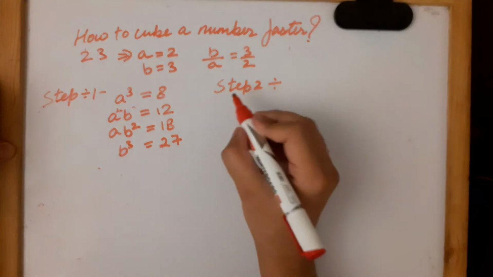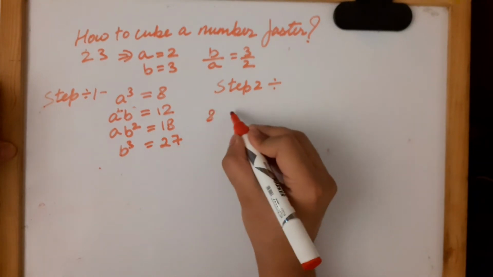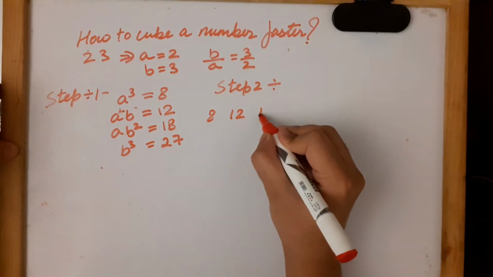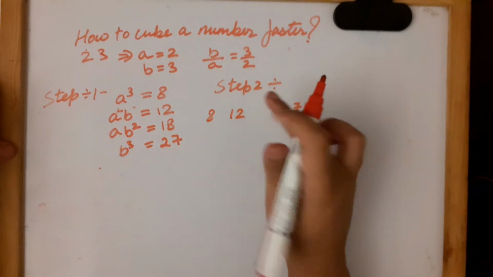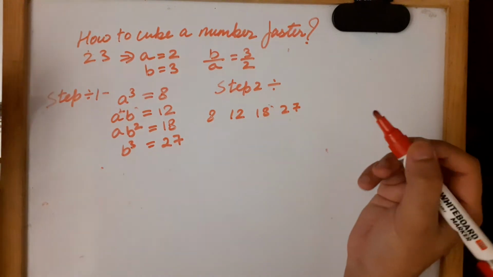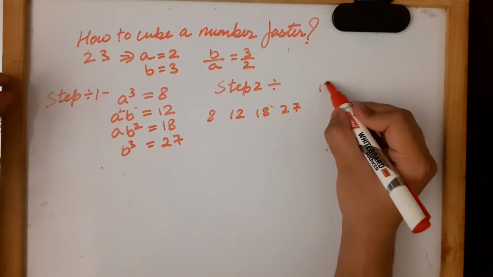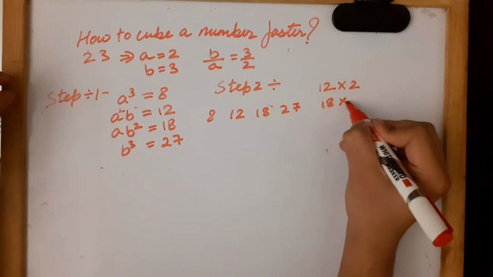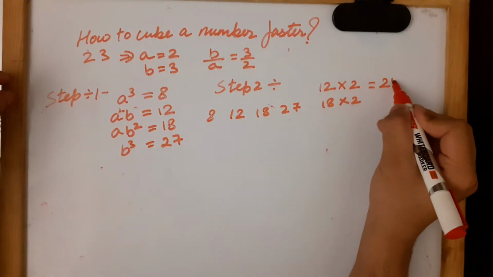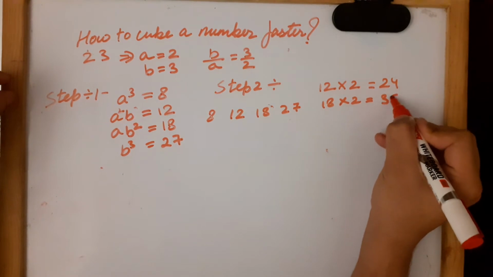Step 2 we are having 8, 12, 18 and 27. Now in step 2 you have to take the second and third term and multiply it by 2. So what we get is 24 and here we get 36.